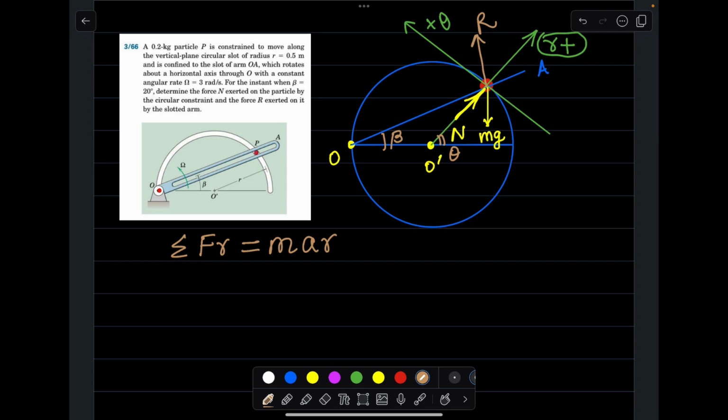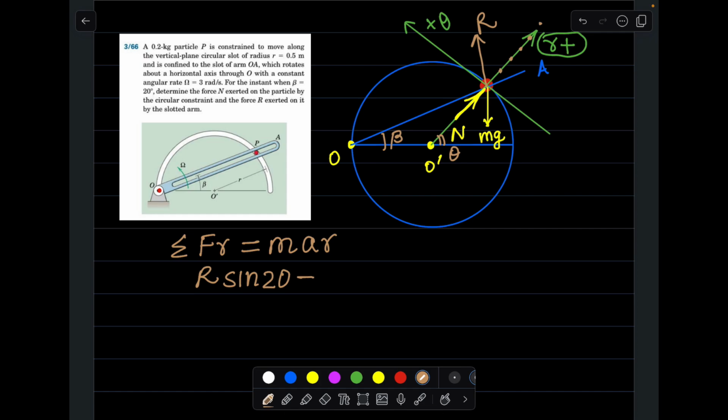Okay, so in the r direction, the force we see here, this is r. I will again mention this is the r direction, this line, the r axis. So we can see that there is a component of R and it is R sine 20. How this sine 20 comes, I will explain in a minute.